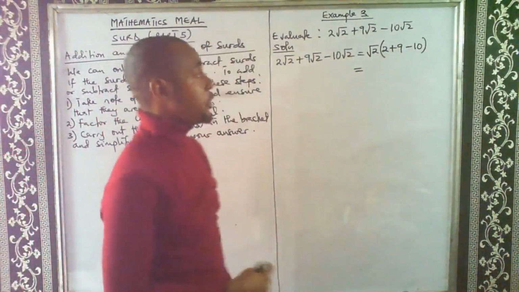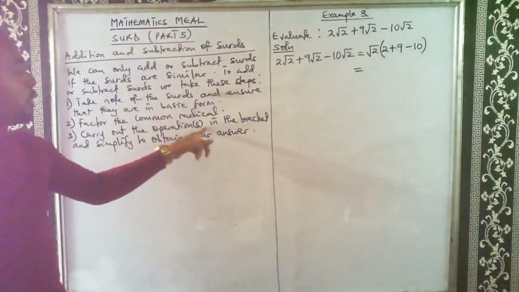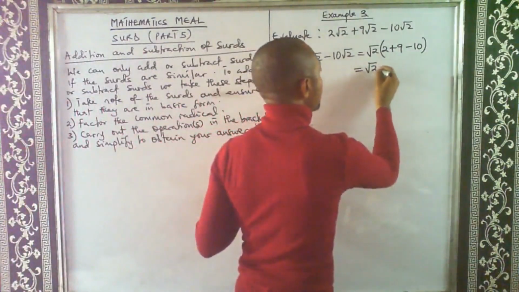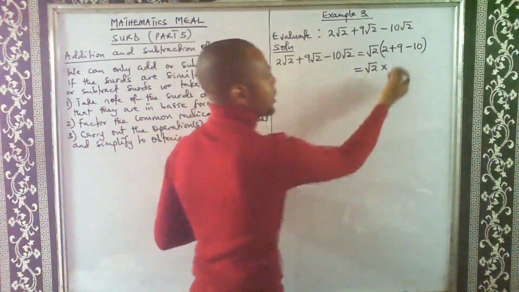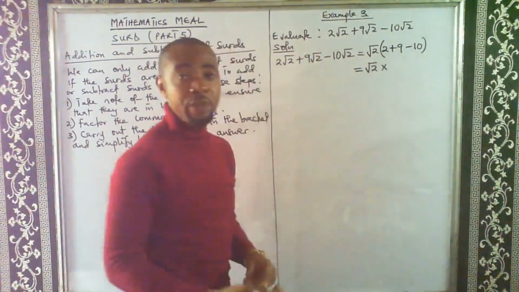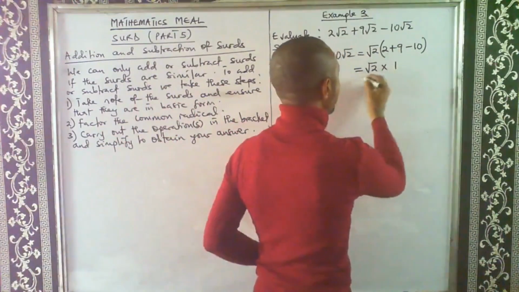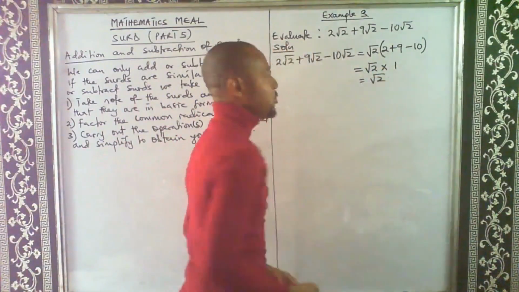So this will be the square root of 2 times whatever we are going to have in the bracket. 2 plus 9 will give me 11, and 11 minus 10 will give me 1. So square root of 2 times 1 will give me square root of 2.